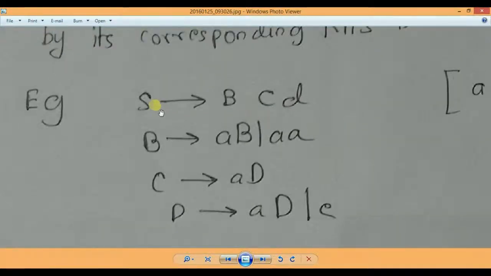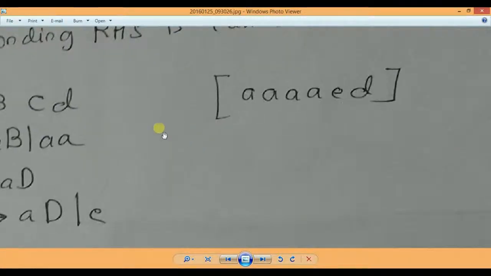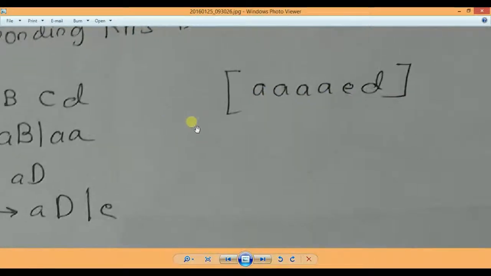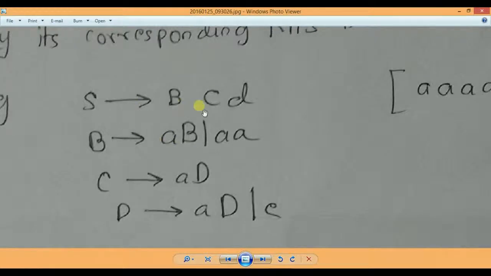Example: the starting symbol S is BCd, and we have to reach the sentence aed. As we know, a final sentence can only have terminals, it cannot have variables. This is the starting symbol.